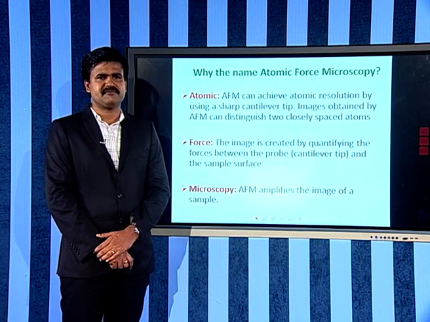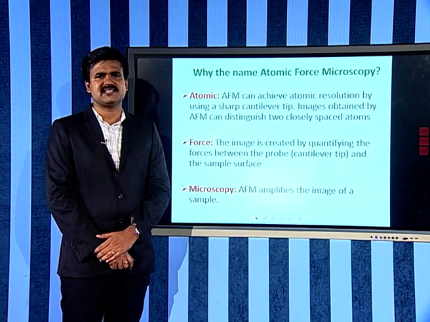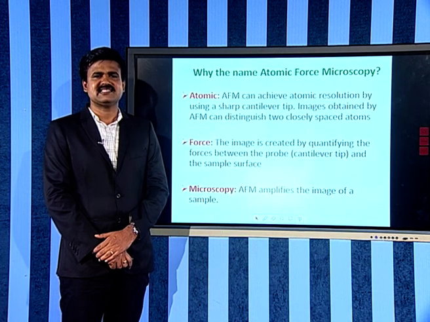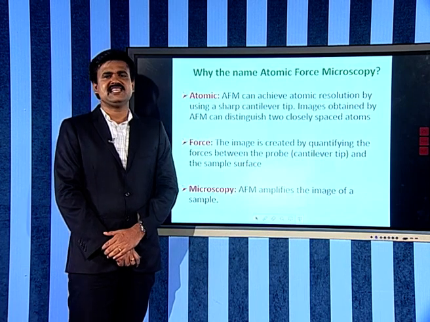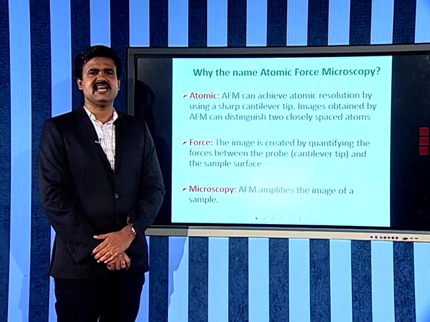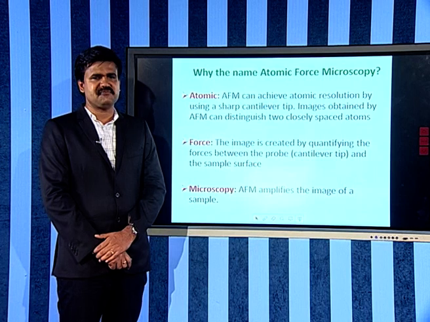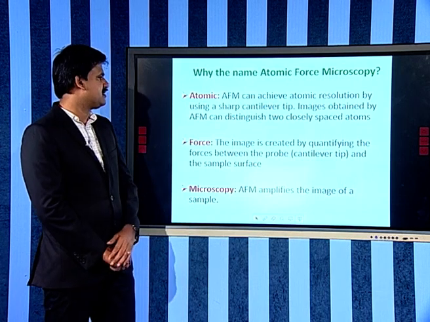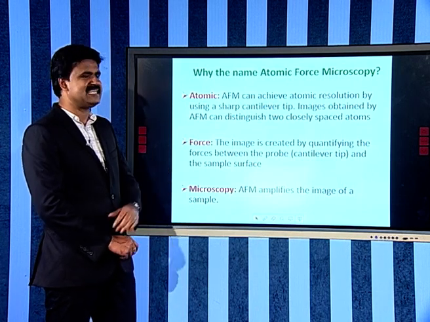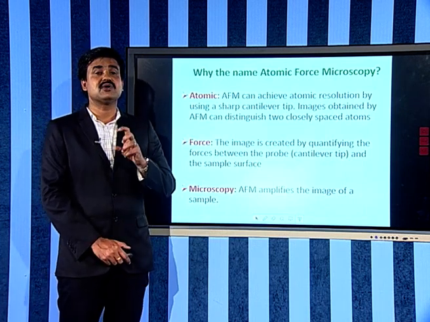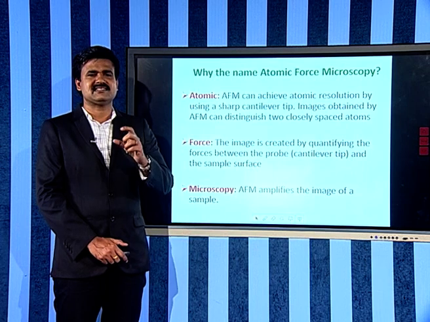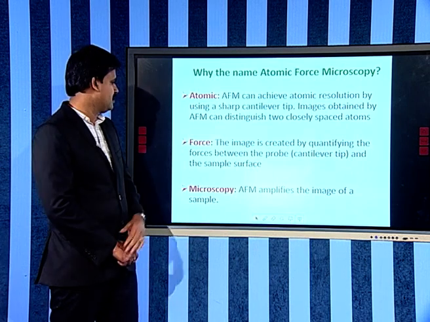Images obtained by AFM can distinguish two closely spaced atoms, hence the term atomic. Then force. The image is created in the AFM technique by quantifying the force between the probe, that is the cantilever tip, and the sample surface. So, there is a force, hence the term force.